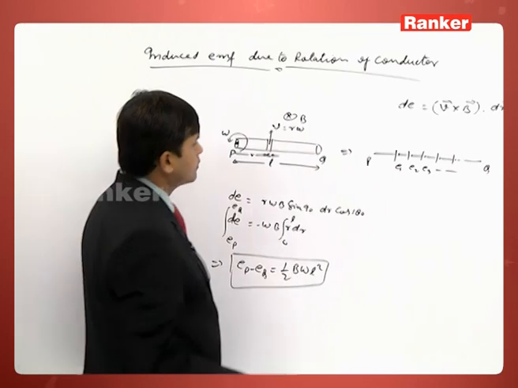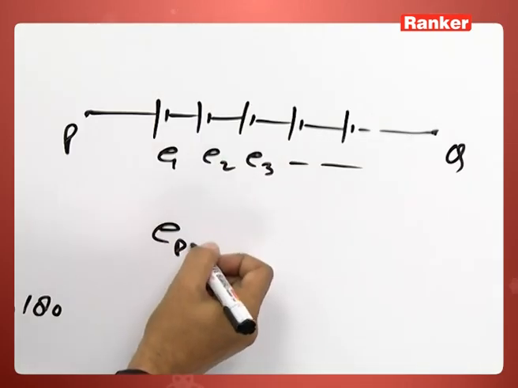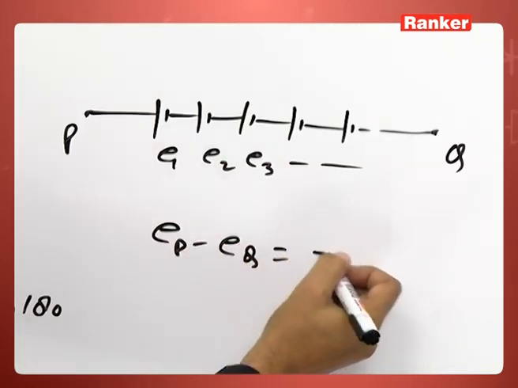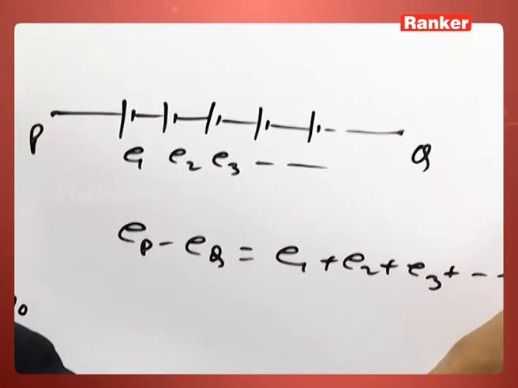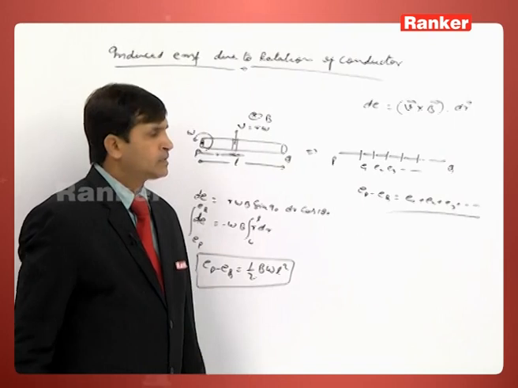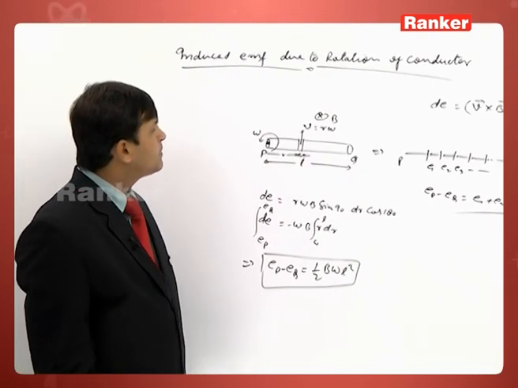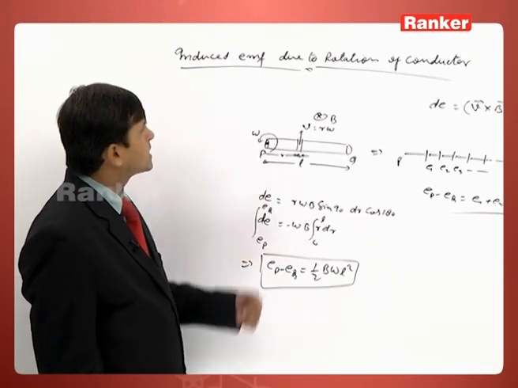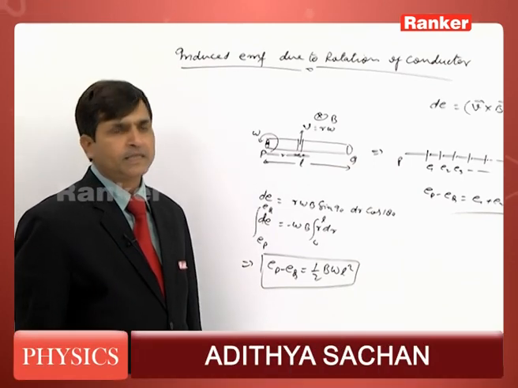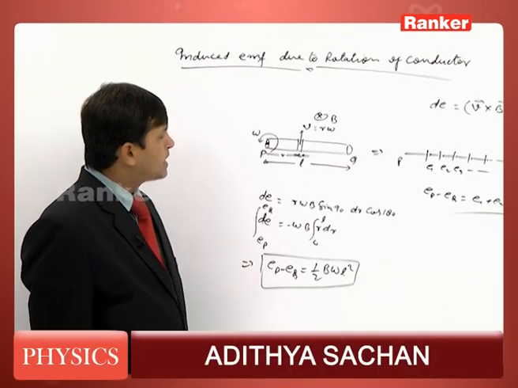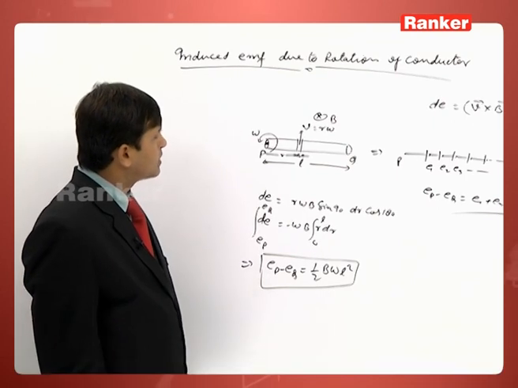So E_PQ, E_P minus E_Q, is nothing but the summation of all these EMFs. This is the meaning of EMF, and in that manner we can calculate the induced EMF due to rotation of the conductor.